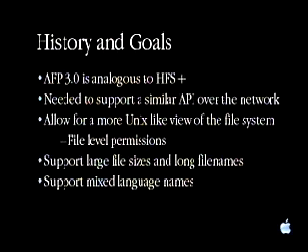So we did AFP 3.0 in order to provide support for HFS Plus, provide longer names, improve the Unix-like feel of the whole thing, and give you support for greater than 2 gig files, long file names, and to improve our localization, our multilingual stuff.